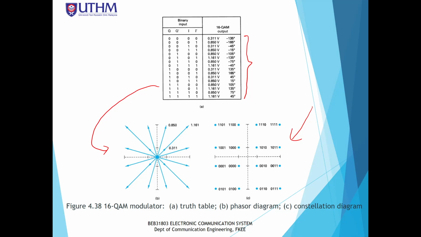In terms of speed and capacity, we can support many users. In terms of bandwidth, although it is big, it is not too big, because QAM also reduces the bandwidth consumption since we are applying different levels of amplitudes.